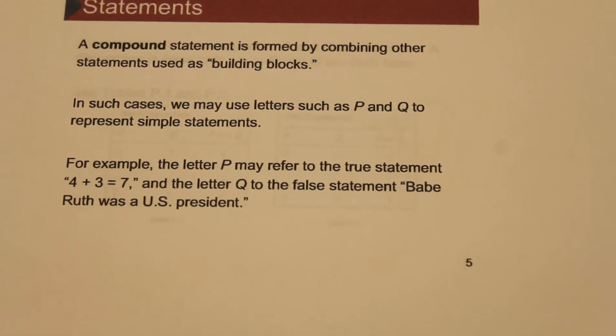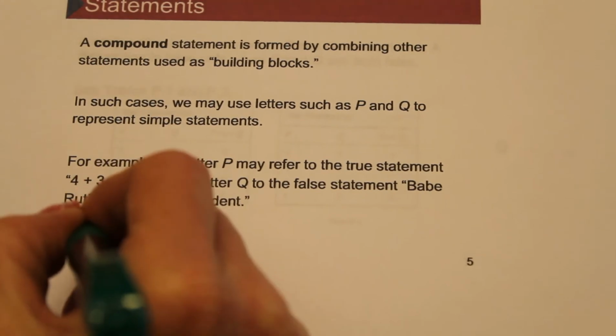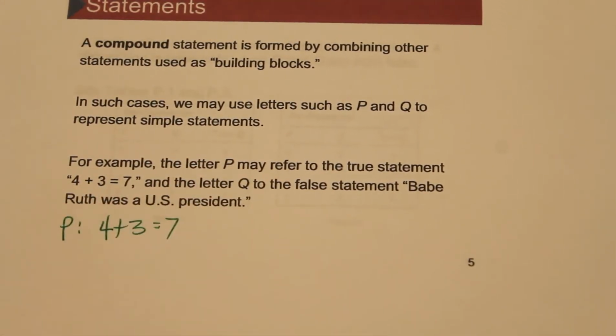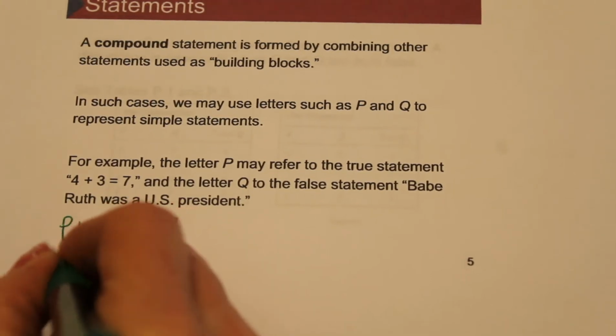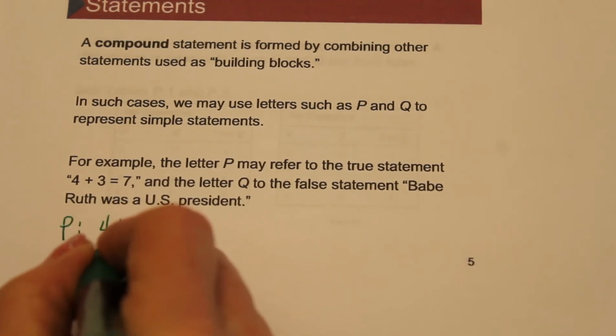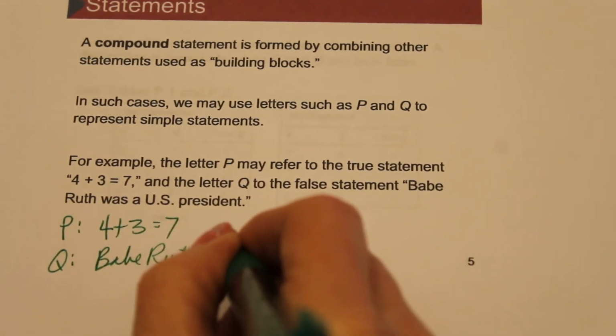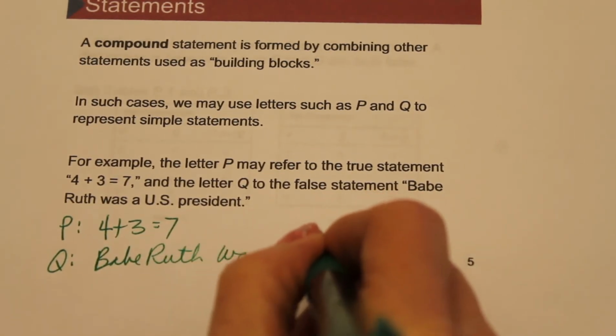So, for an example, if we said P was the statement 4 plus 3 equals 7, and we said the statement Q is Babe Ruth was a U.S. president.